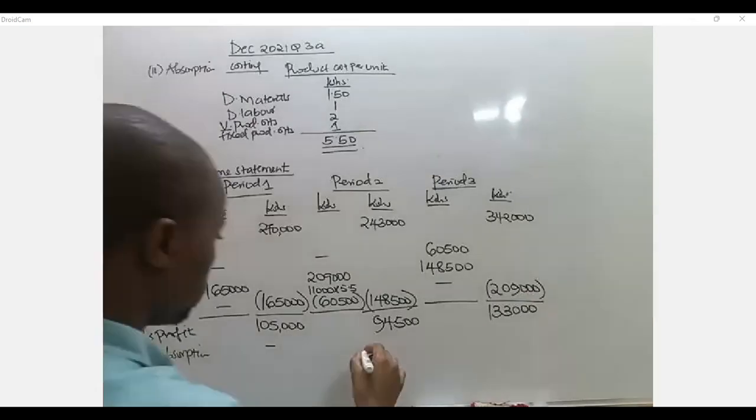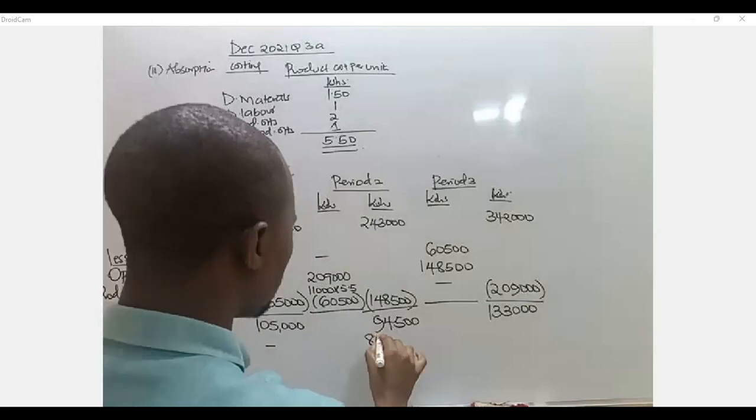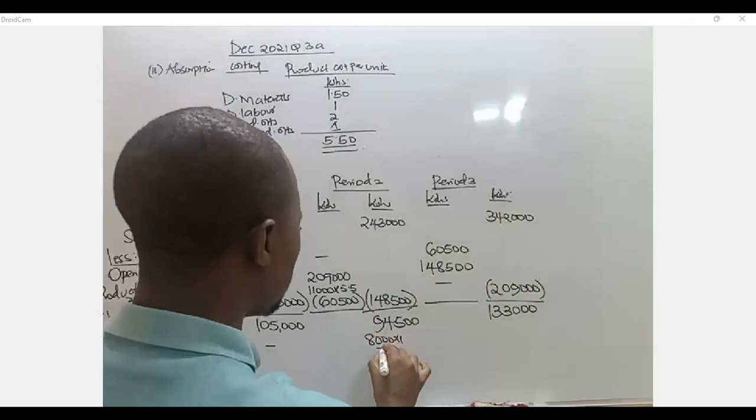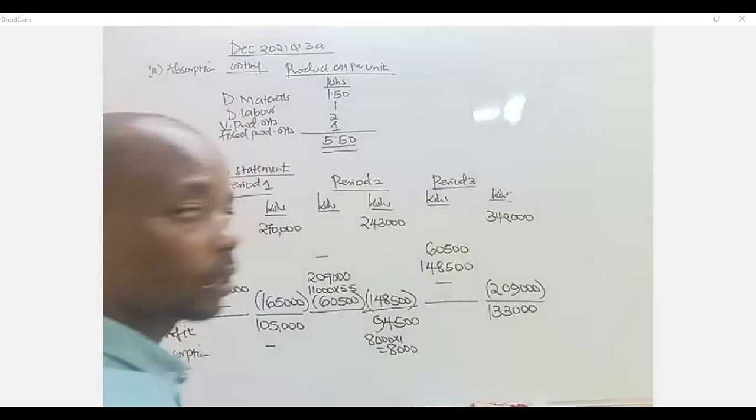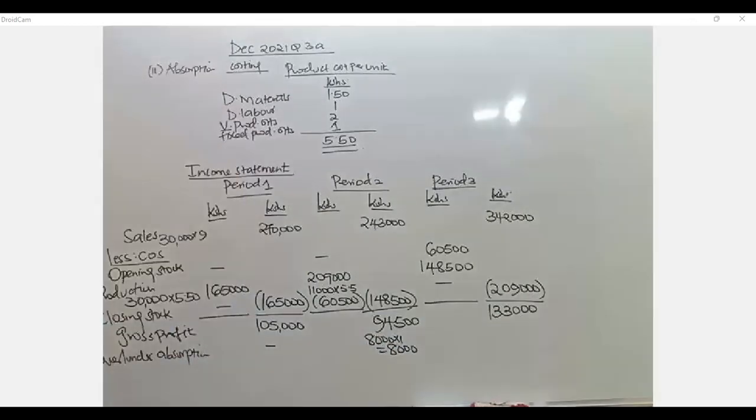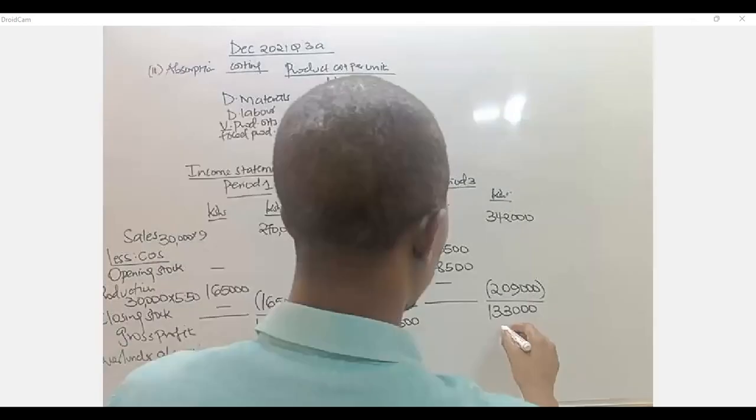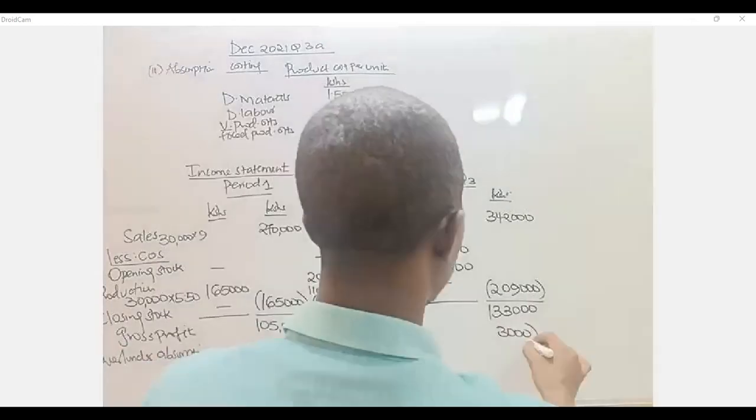So 8,000 you multiply by 1, getting 8,000. Then when I look at the last period, which is 27,000, it should be 30,000 minus that, getting 3,000. Or 3,000 times 1, you get 3,000, but it should be under absorption.